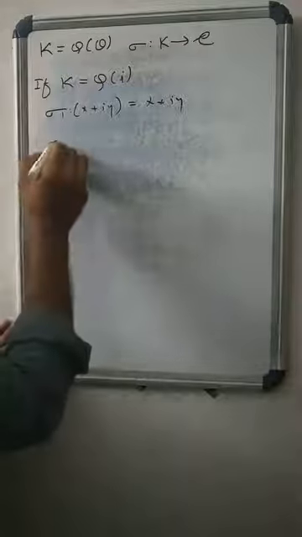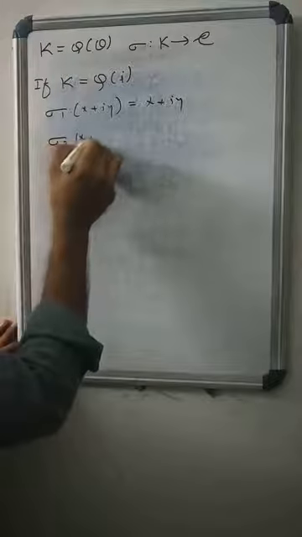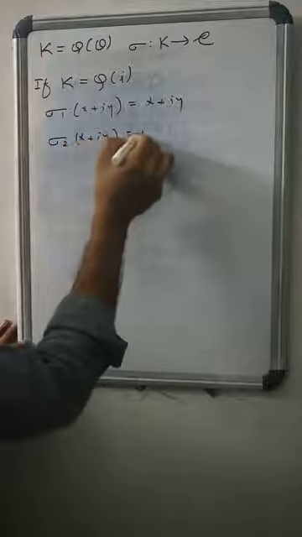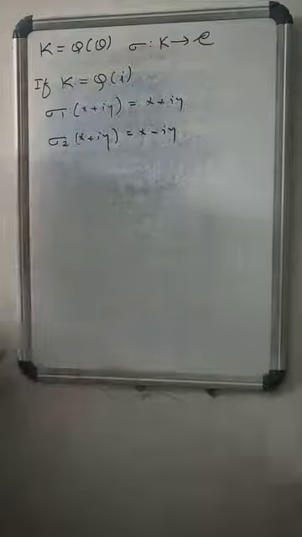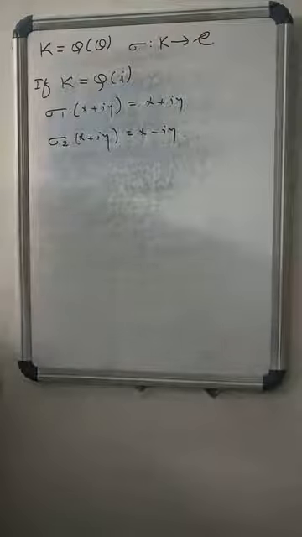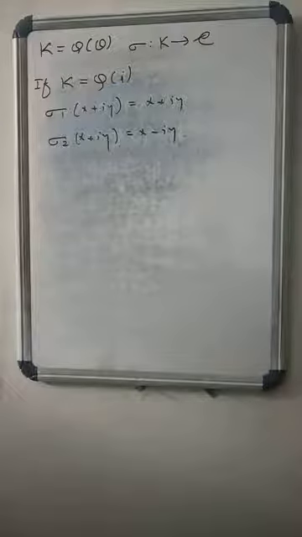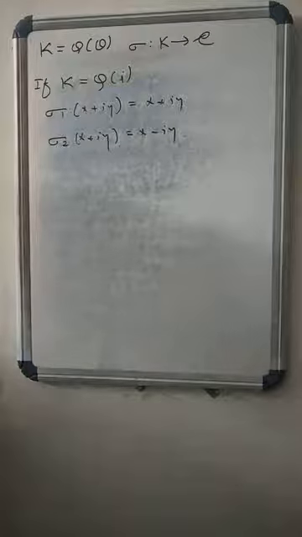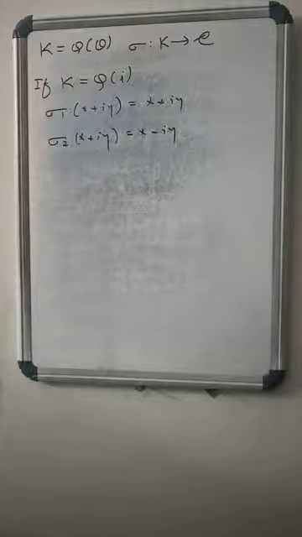You can define another one: sigma 2 of x plus iy is x minus iy. This is another monomorphism. Define sigma 3 of x plus iy as minus x plus iy, sigma 4 of x plus iy, and so on. So if K equals Q(theta) is a number field, then we can define a number of monomorphisms sigma from K to C.